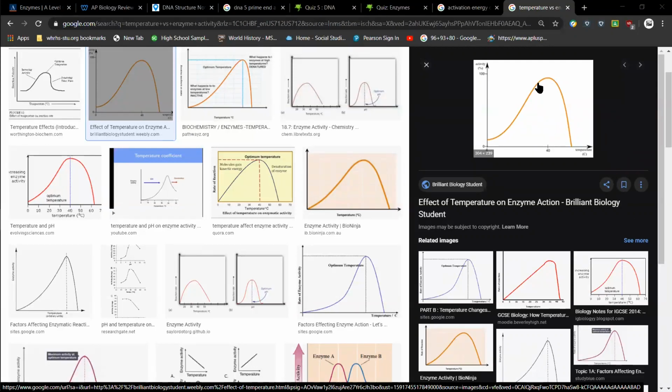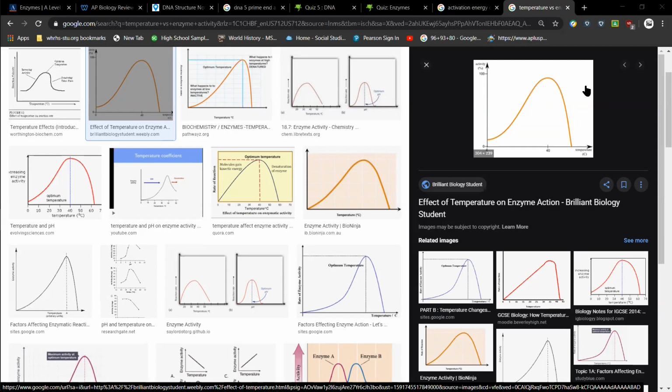So the reason that your body is at like 37 degrees Celsius and not 41 is because, so there's two reasons. One is that different enzymes work best at different temperatures. So some enzymes may actually work best at 27 degrees Celsius.